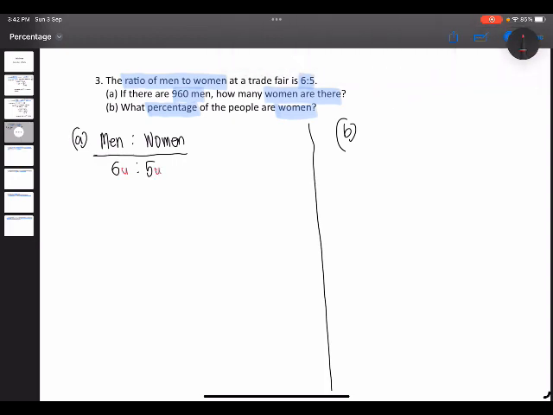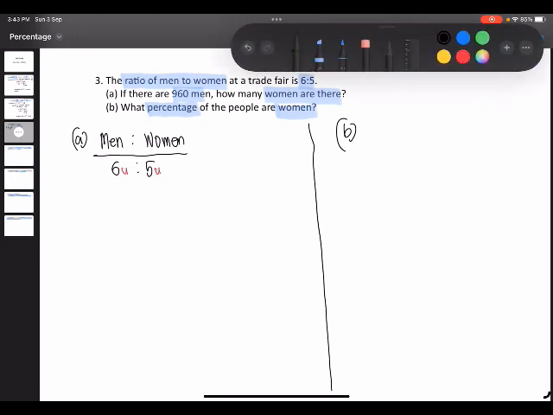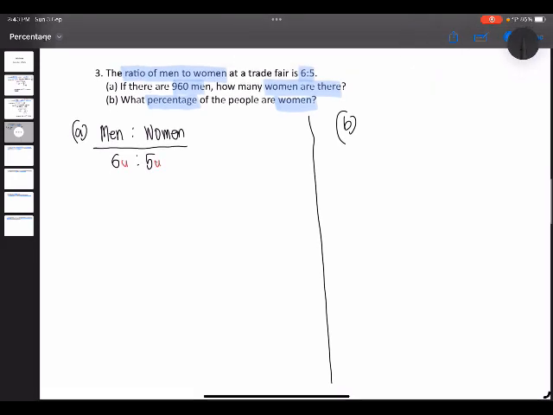So there were 960 men. So the question is asking for the number of women. So 6 units represent the men. Since there were 960 men, 6 units represent 960. Let's use the proportion method. Six units is equivalent to 960.